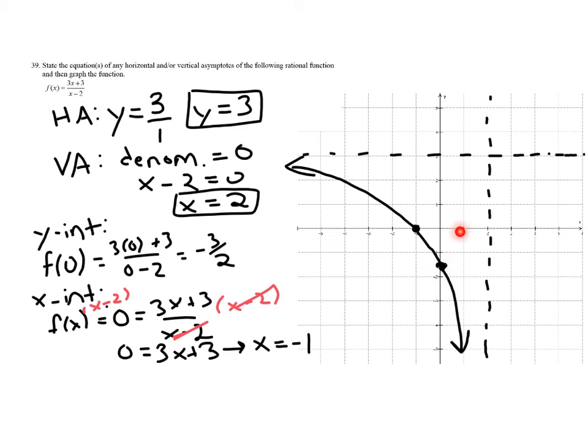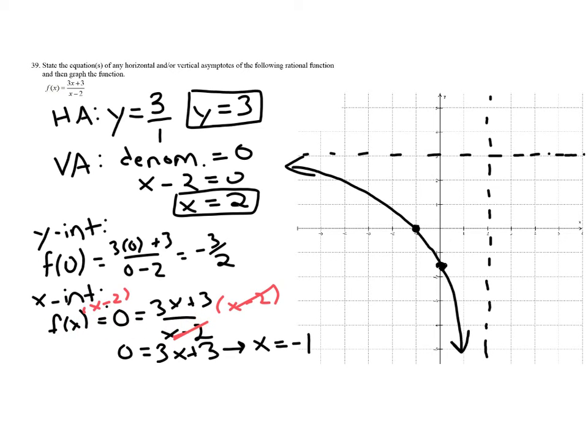But since there's no x-intercept over here, we know that the graph must dive down to negative infinity. Now we just need to determine where the graph lies over here on the right. I'm going to argue that we already know that the curve should appear up here above the horizontal asymptote. The reason is if the graph were below the horizontal asymptote, there would be another x-intercept, and we would have found it in this step when we set the function equal to 0.